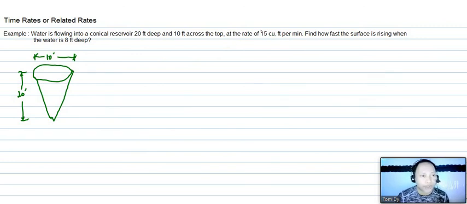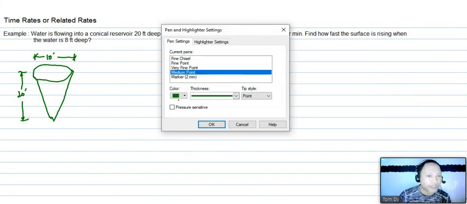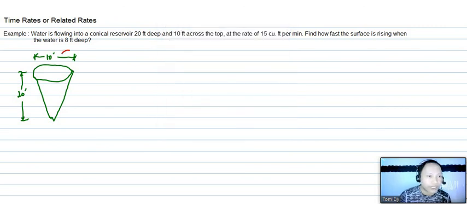So water is flowing into this conical reservoir, which is equivalent to cubic feet per minute. So that will be our dV over dt. Cubic feet, that is volume. So dV per minute, that is per dt. So that is 15 cubic feet per minute.